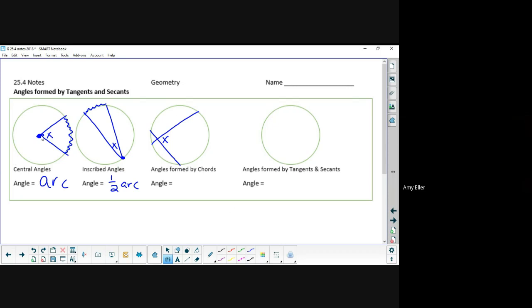The formula for that angle is 1/2 arc A plus arc B. Remember, arc A is what the angle is shining on. It's shining out here. That's arc A. Arc B is directly across from that, or the arc it's not touching.